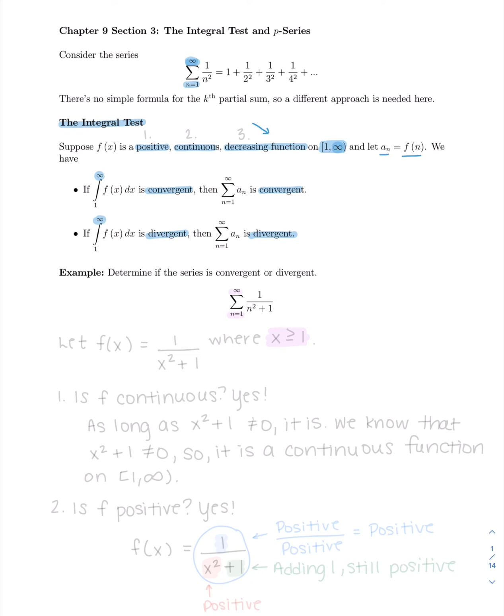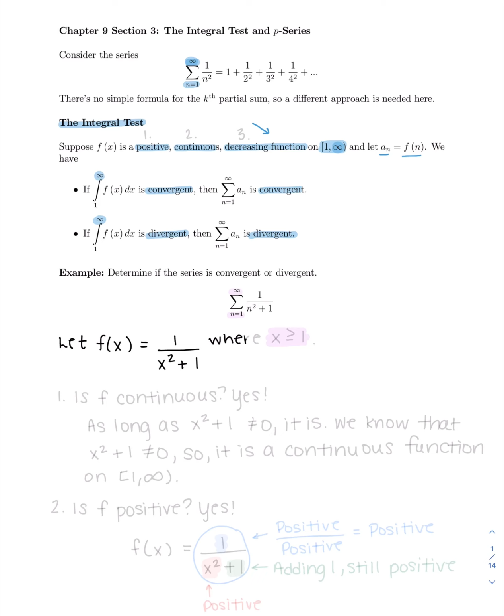The first thing they want us to do is treat the sequence, not the full series, just the items, like a function. So let's let f of x equal 1 over, instead of n squared, x squared plus 1, but it's still the same thing.